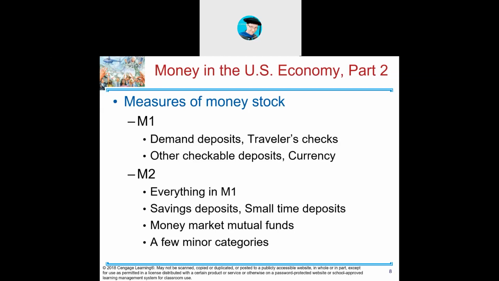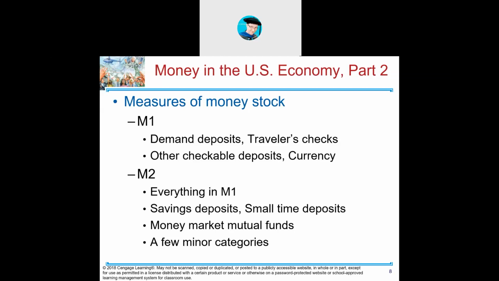Measurement 2, we're interested in everything in measurement 1, but we also include things like savings deposits, small deposits, money market funds, mutual funds, stocks and bonds. That's M2.